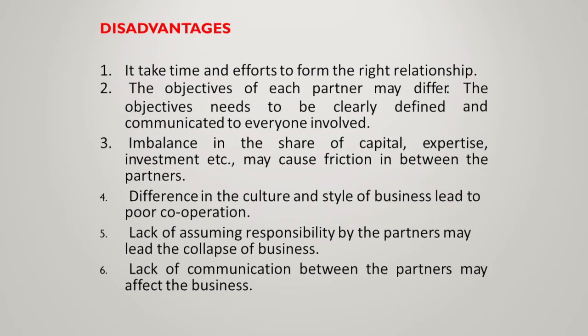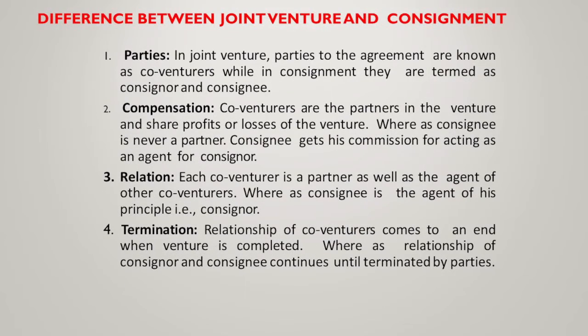One person should not think that he is doing it and he will take care. Everybody has his own responsibility, so all people should feel it equally. Business may be a success, but if they don't feel responsible, it may collapse. Communication between the partners may affect the business. Poor communication causes losses; more, effective communication helps dissolve misunderstandings and differences.